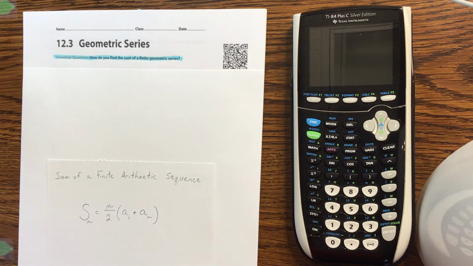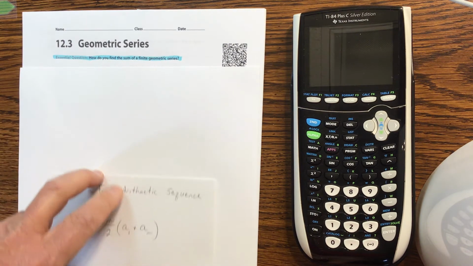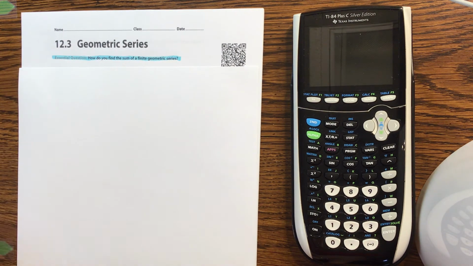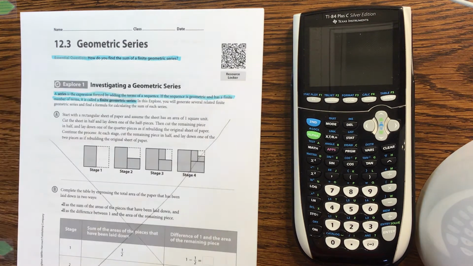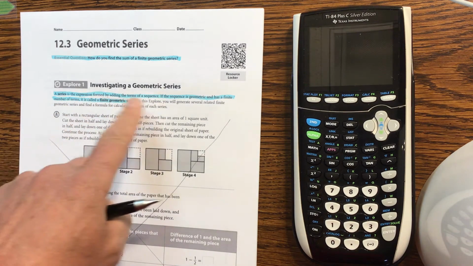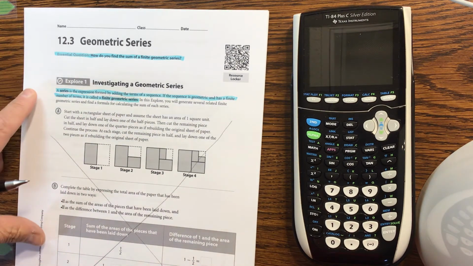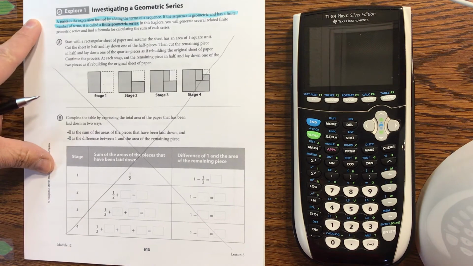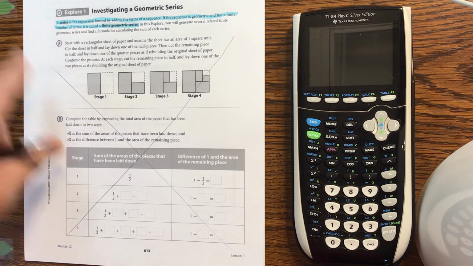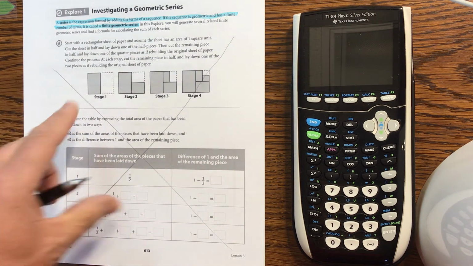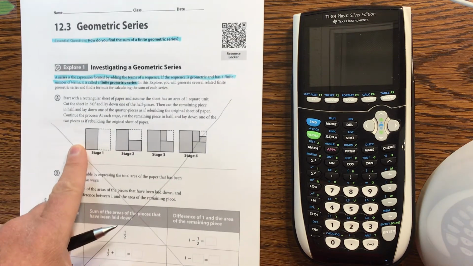All right, so with that said and done, let's look at nothing but geometric series today. So the very first page, I highlighted what a geometric series is. The Explore part, I'm not going to go into that. That's just getting you to apply geometric sequences.